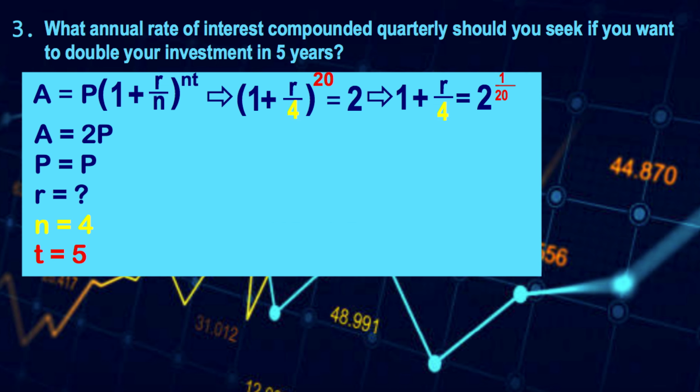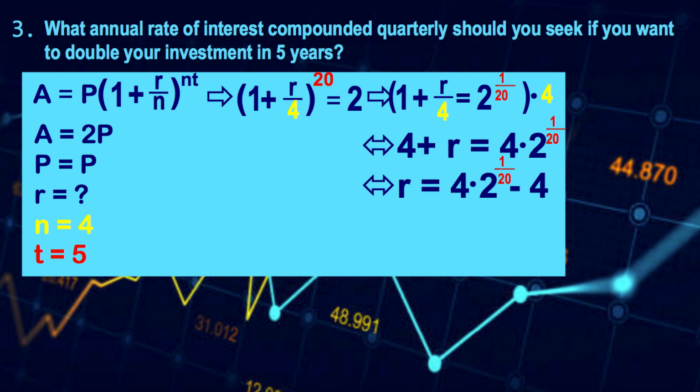Thus, 1 plus R divided by 4 equals 2 raised to the power 1 over 20. Multiply both sides of the equation by 4, equivalent to 4 plus R equals 4 times 2 raised to the power 1 over 20.